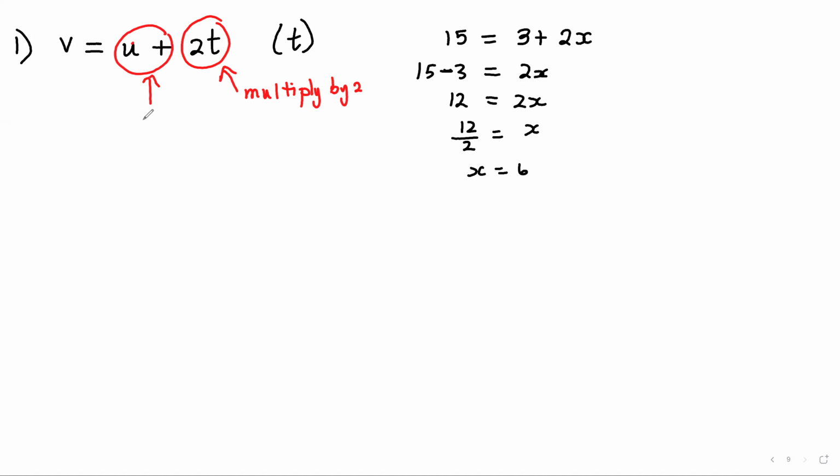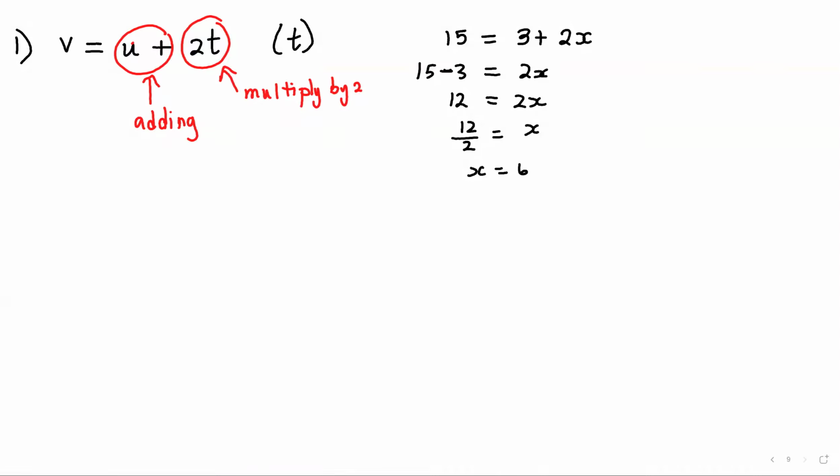So the two operations are multiplying and adding. That therefore means that when you are doing the opposite, it'll be the opposite of multiplication and the opposite of addition, right?